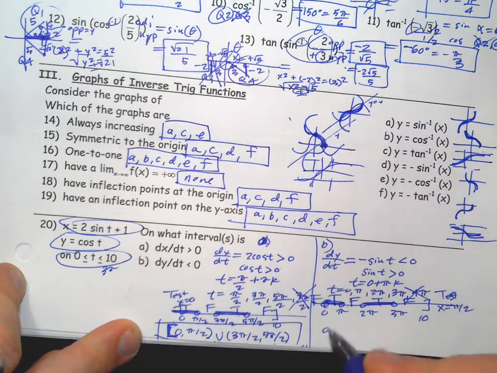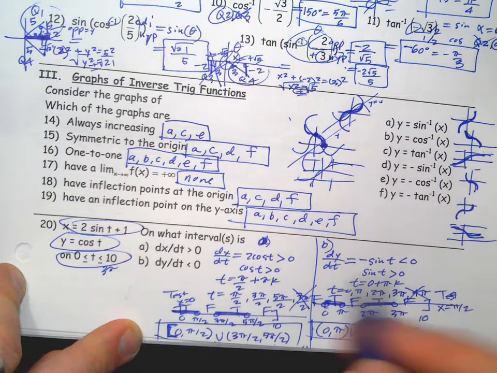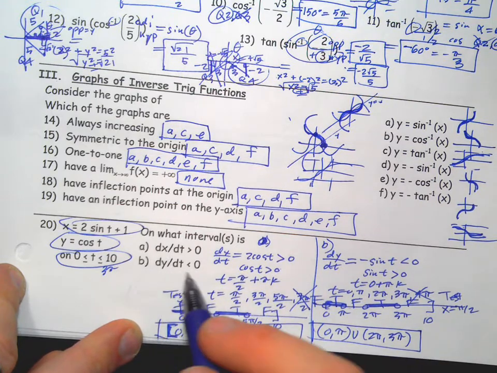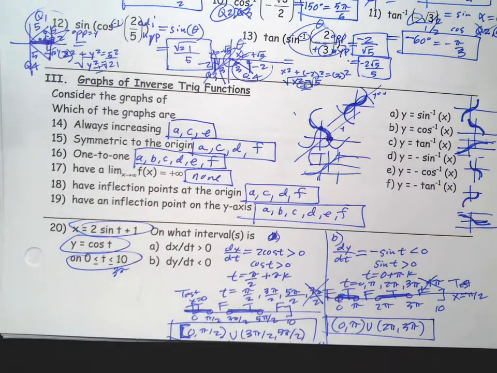So the answer is 0 to pi, union, 2 pi to 3 pi. Now, if these were uglier numbers, then we could use a graphing calculator, graph it, and use the graph to help us. So there you go. That's it.